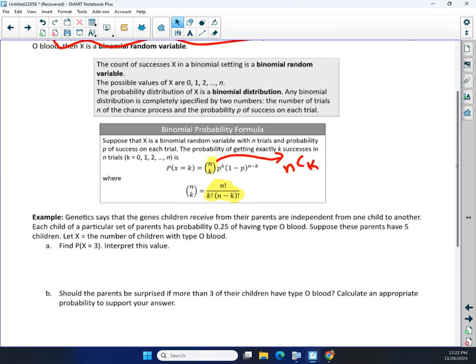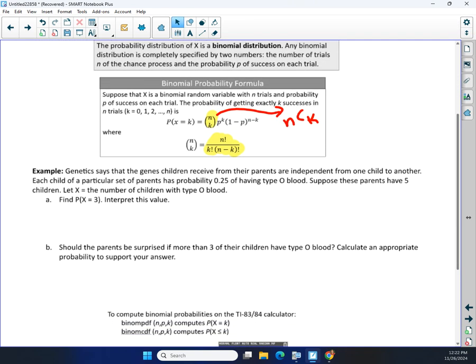So let's use it. Genetics says that the genes children receive from their parents are independent from one child to another. Each child of a particular set of parents has a probability of 0.25 of having type O blood. As before, these parents have 5 children, and we let X equal the number of children with type O blood. We want the probability of X equals 3.